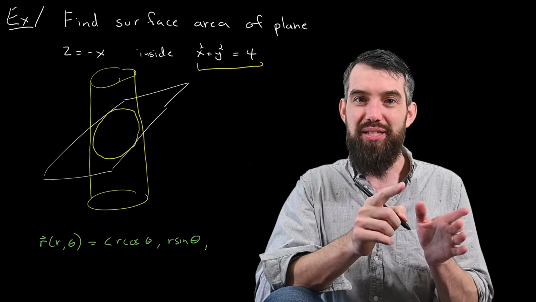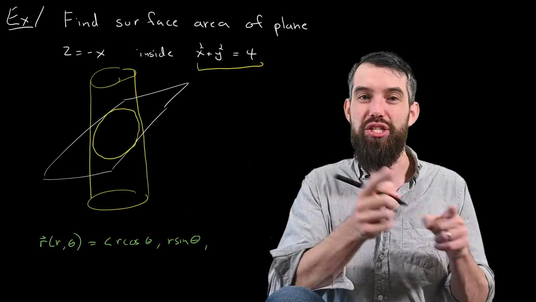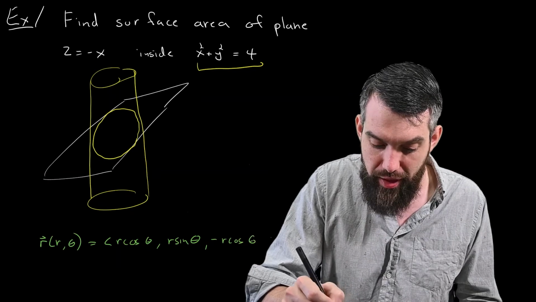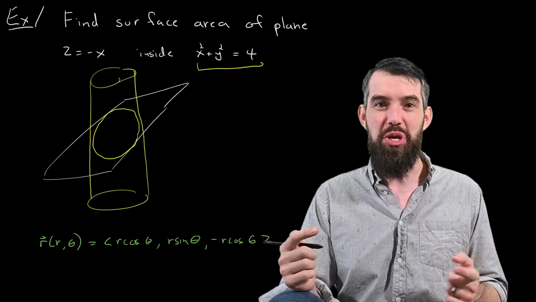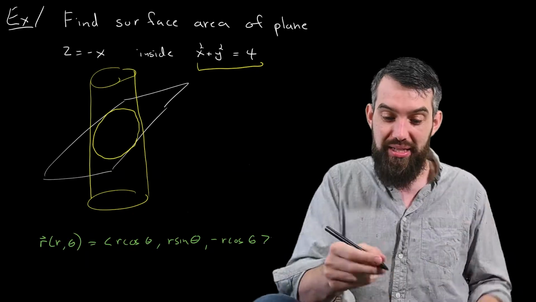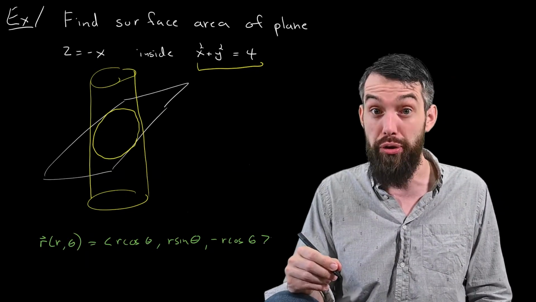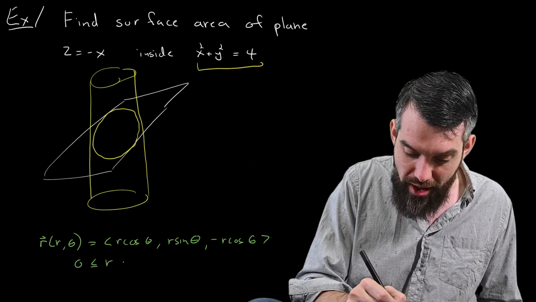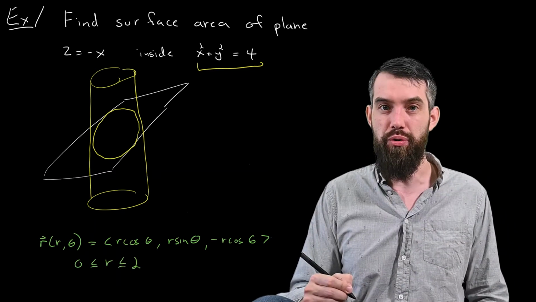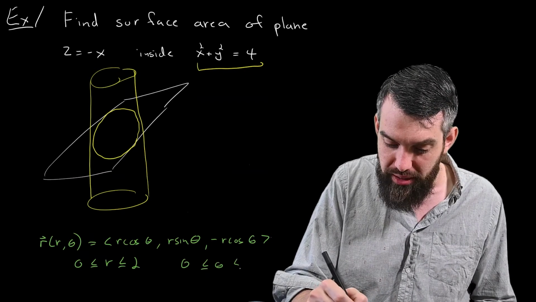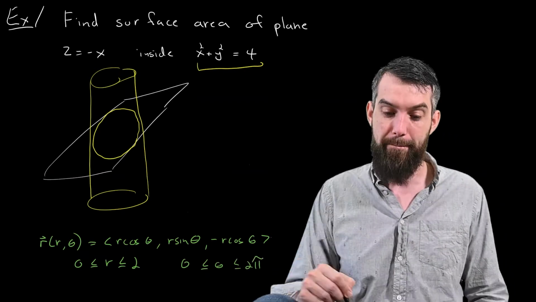Well, z is minus x, and x is r cos theta, so that's minus r cosine theta. The really nice thing is that I know my constraints on r and theta. Because it's the cylinder of radius 2, since 4 is 2 squared, my r values go between 0 and 2. And for theta, it's one full circle, so theta is between 0 and 2 pi.